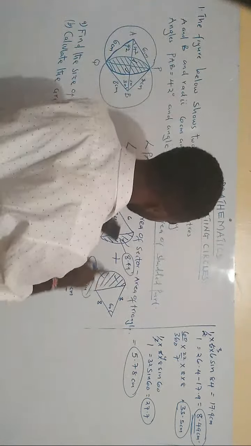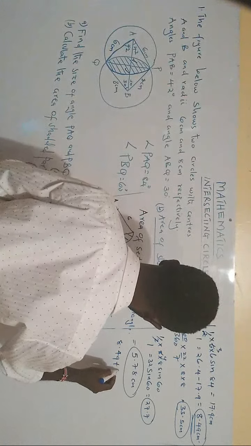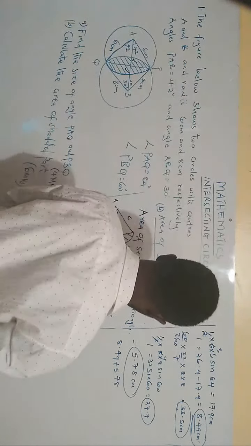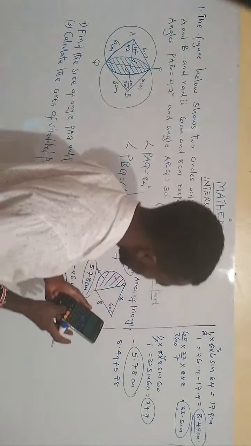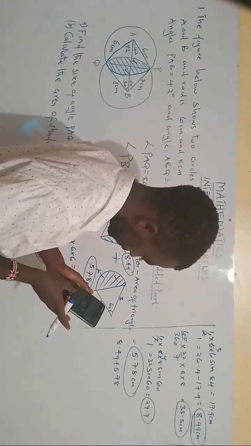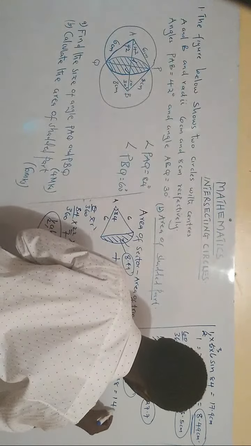To get the area of the shaded part, you add the two: 8.49 plus 5.78, which will be 14.27.